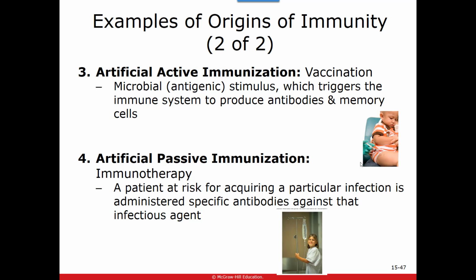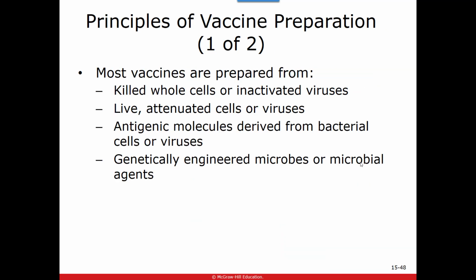Now, some principles of making vaccines. There are different kinds of vaccines. Most vaccines are made from killed cells. We took a living organism and we killed it, or we inactivated a virus, because a virus isn't technically alive, but we inactivated it so it can't cause disease. Some vaccines are made from live cells or viruses, but they're called attenuated, which means we've modified them so they can't cause disease.